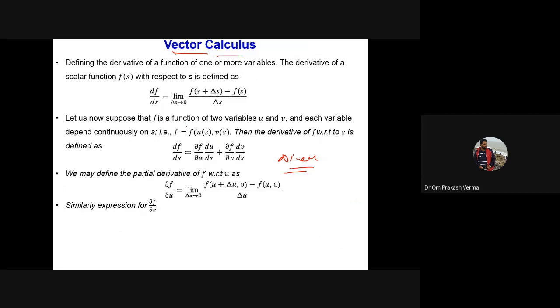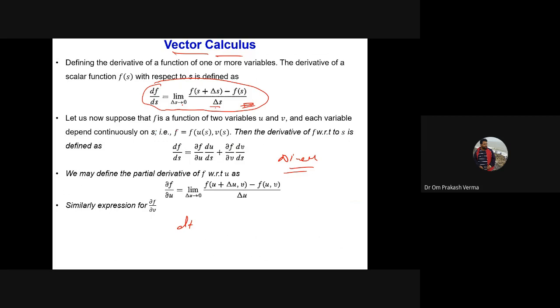It is a very simple formula given in your 11th or 12th standard vector calculus. Any df by dt or df by ds is nothing but the increment in that function, f of s plus delta s minus f of s, divided by delta s, as the limit tends to 0. It is nothing but the first derivative, right?